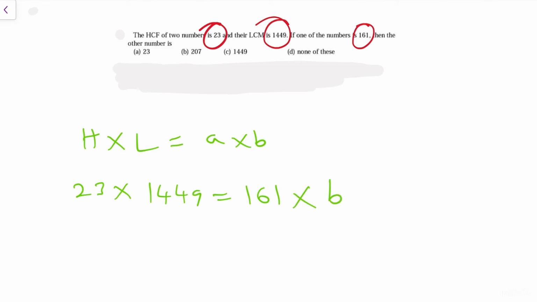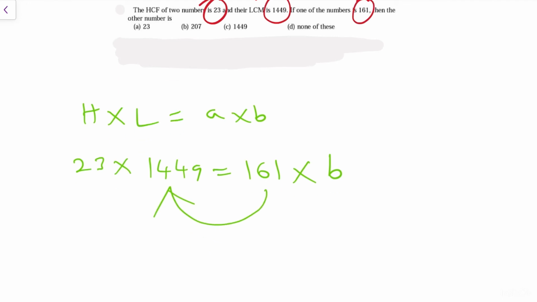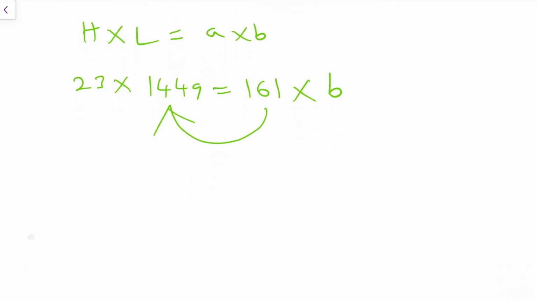From the right side I will take 161 to the left side. Here it is multiplication, so on the other side it becomes division. So our answer will be 23 times 1449 whole divided by 161.